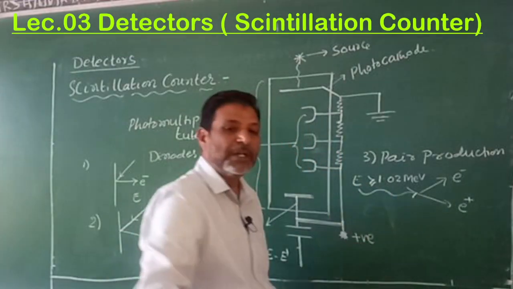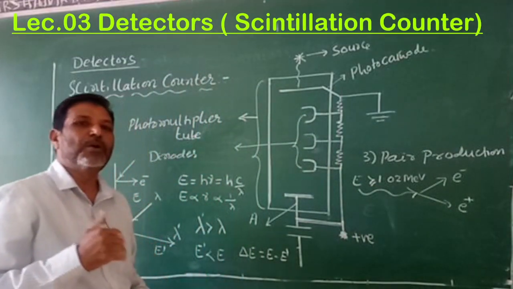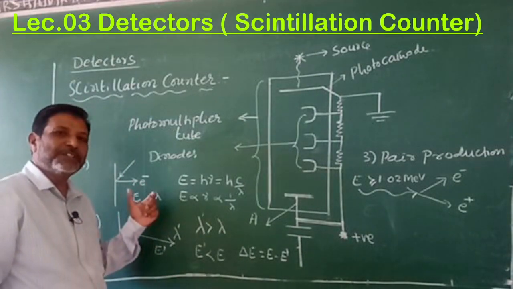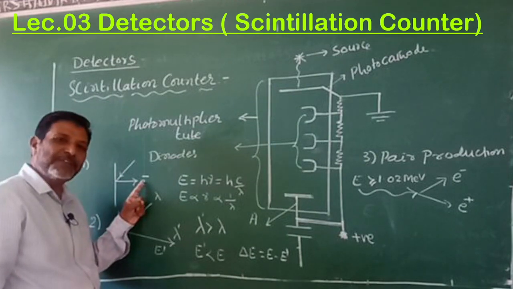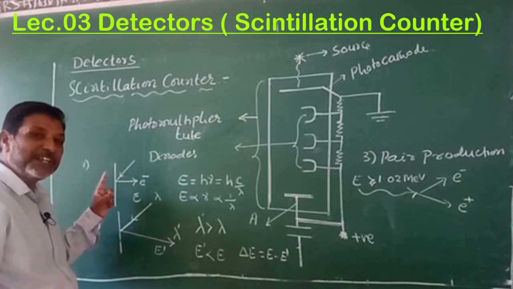Now this is the photoelectric effect, the Compton effect, and pair production. Once again I repeat: the photoelectric effect is the phenomenon of emission of electrons from a metal surface when radiation of suitable frequency is incident on it.